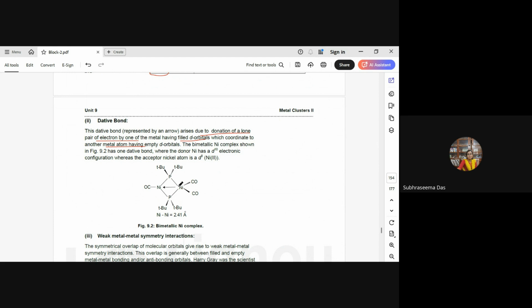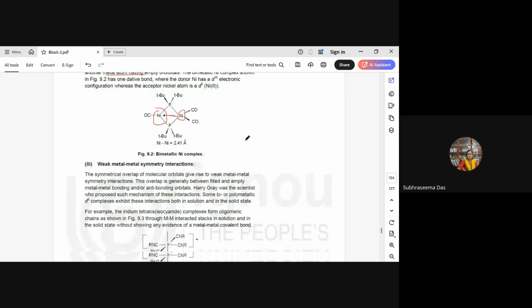In this case, one nickel contains a lone pair of electrons and the second nickel contains an empty d orbital. That is why the nickel on the right hand side can donate a lone pair of electrons to the nickel on the left hand side, and it is indicated by a dative bond.